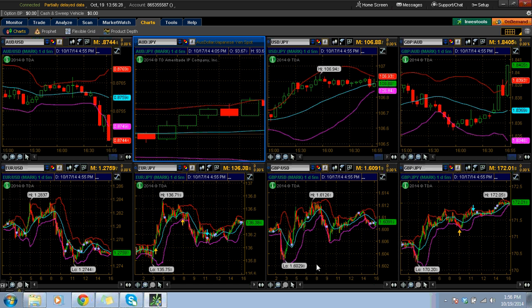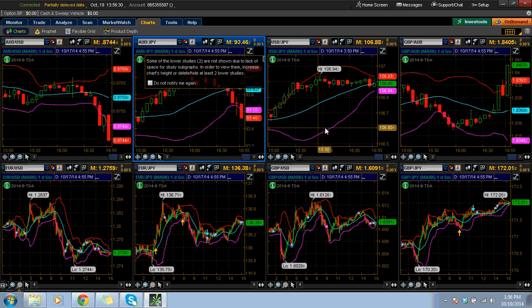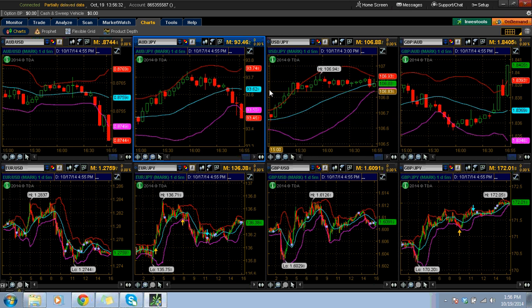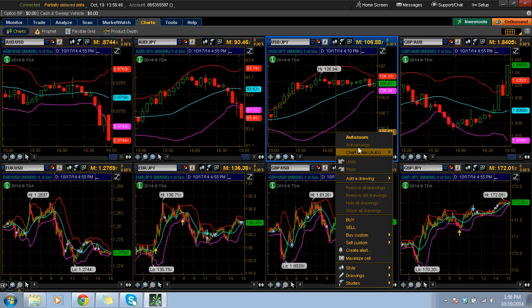Depending on your screen size, I have a couple screens where it'll show the Black Magic and CCI here, and then two of my computers only show this chart here. If you see a good trade happening, don't just go by this.